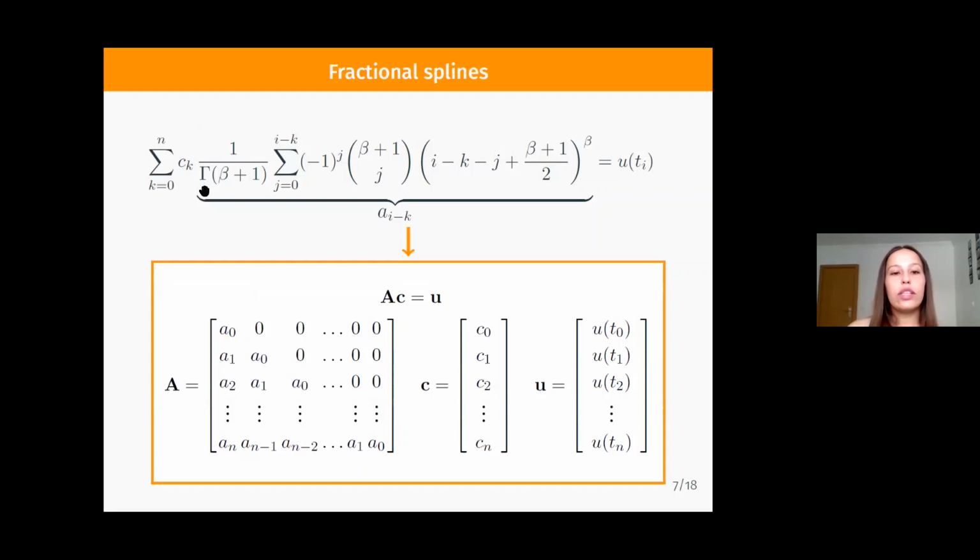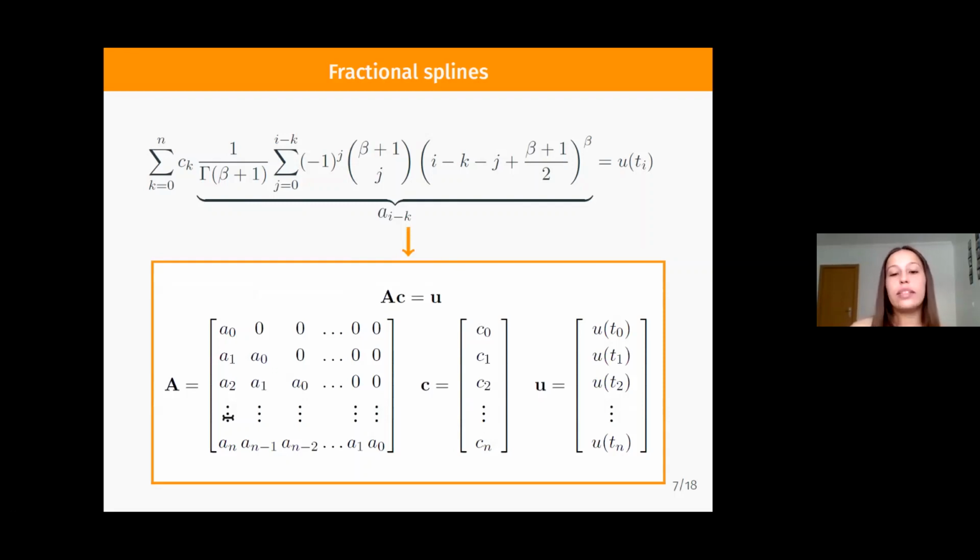So if we consider these to be the coefficients A, to discover the values of C, we have to solve this system. And A here is a lower triangular matrix, and it's a Toeplitz matrix.